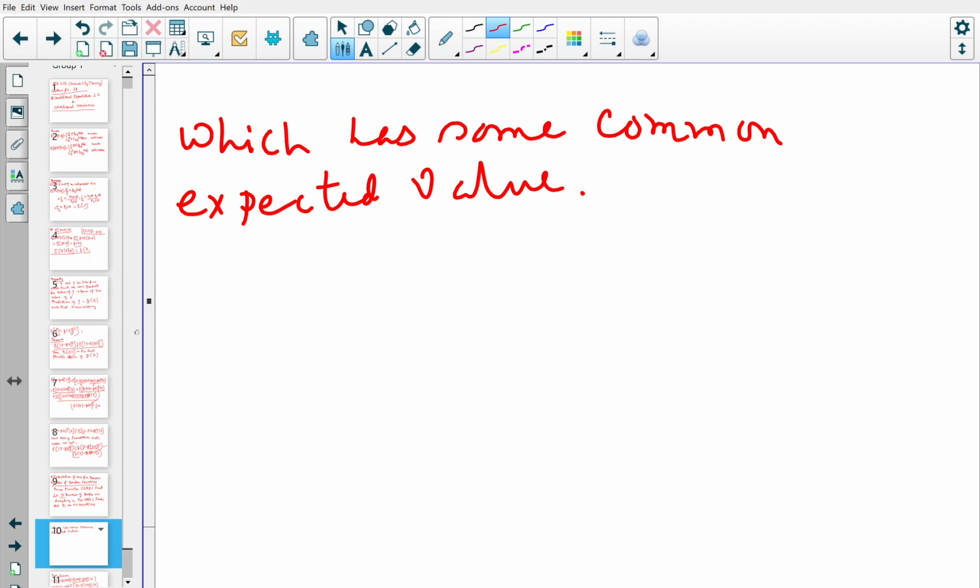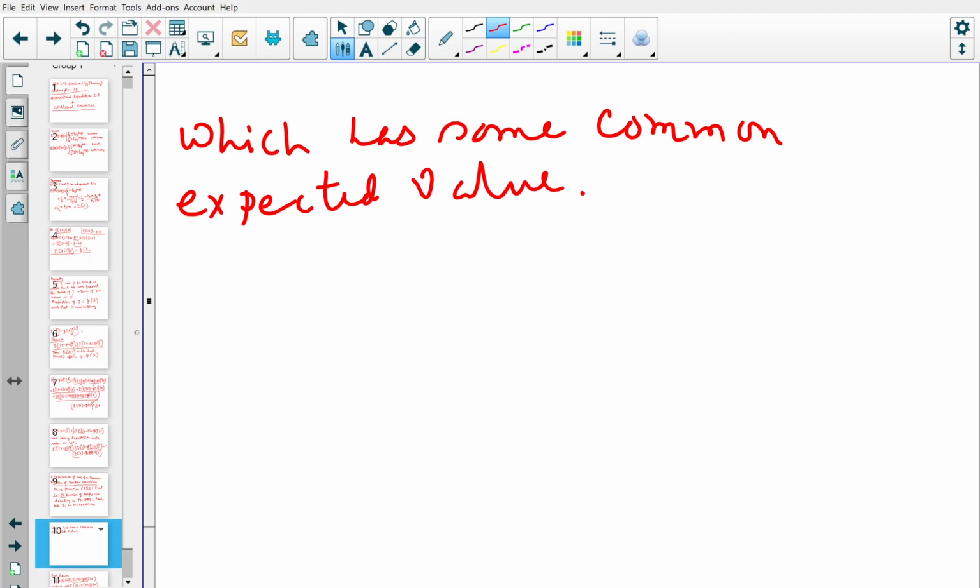For example, these central government employees need to donate some amount which has some common expected values. If this is the condition, then we need to know what is the total expected amount.